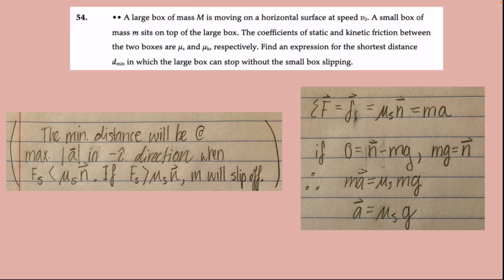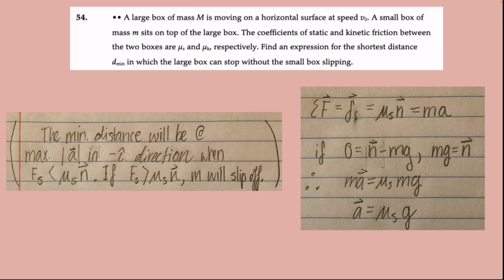It will be overcome and the box will start slipping. So we're going to try to solve for the acceleration at which the force of static friction will not have exceeded that max.